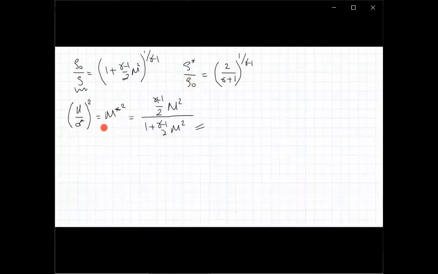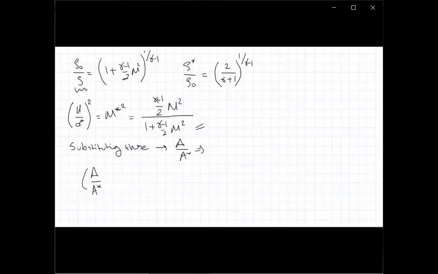Rho star over rho 0 and u over a star, so that we can plug them all into the equation for a over a star above. Substituting these into the a over a star equation, we get a relation which looks like this.